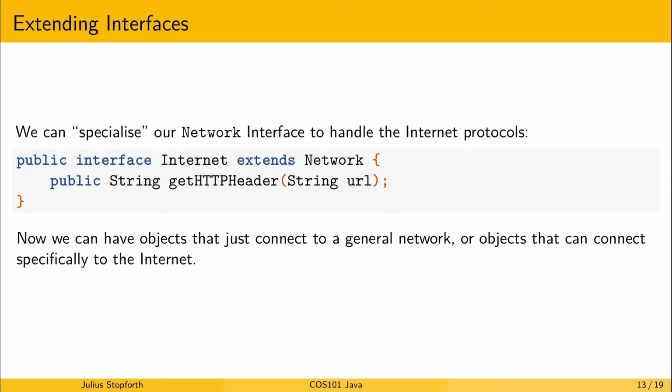You can think of a laptop and a desktop computer. They might have a Wi-Fi interface as well as an Ethernet, so a cable interface, to connect to a network. Right, so this is the idea behind extending interfaces and using inheritance for interfaces. Does that make sense to everyone?